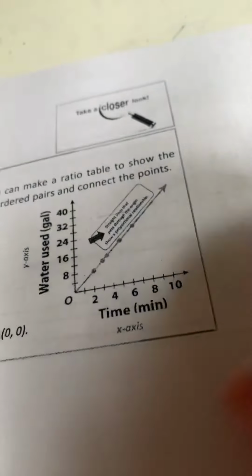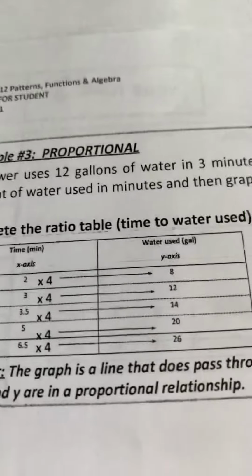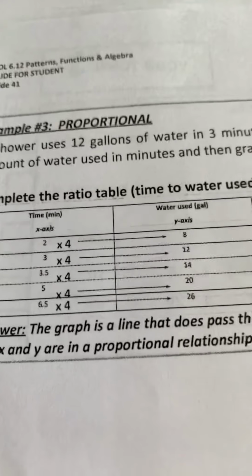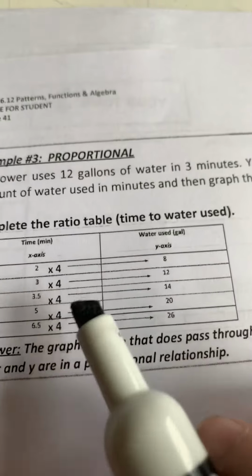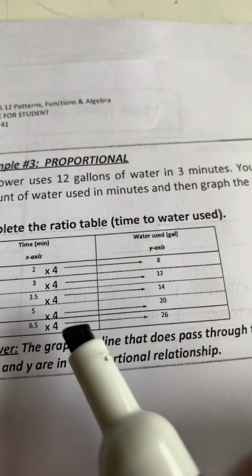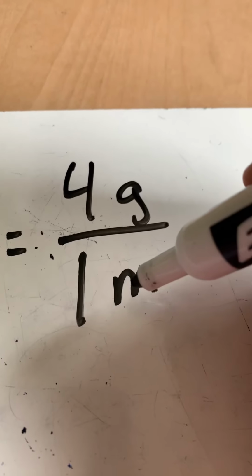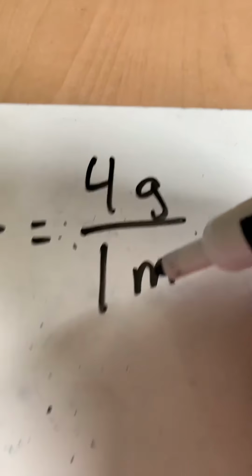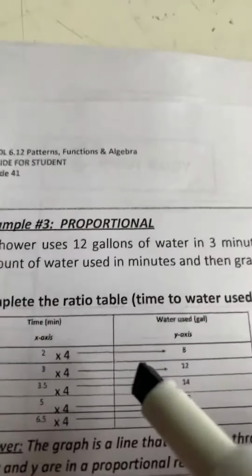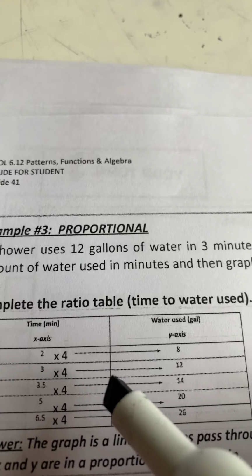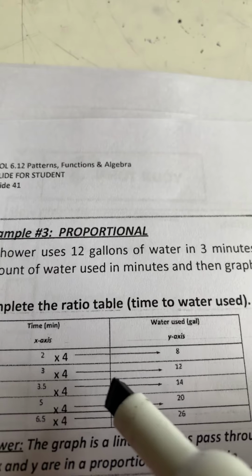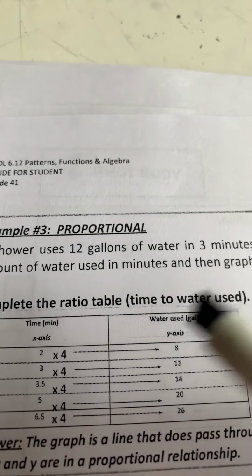Now, if we look at our table, I can multiply each of these by 4, because we already know it's 4 gallons per minute. That's why we're multiplying by 4. 1 times 4 is 4, 2 times 4, all the way through.